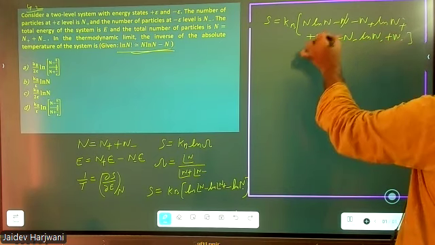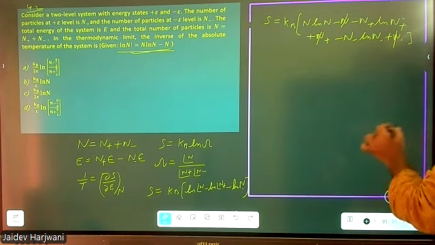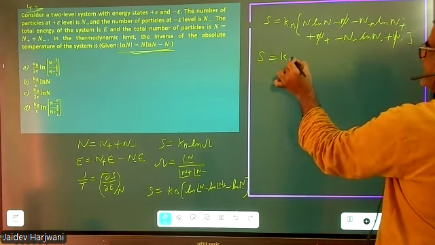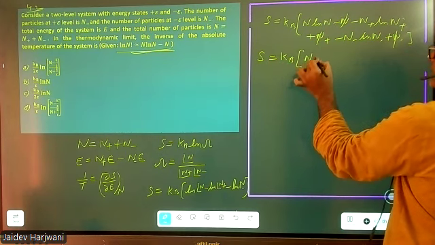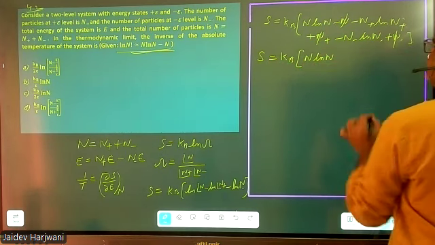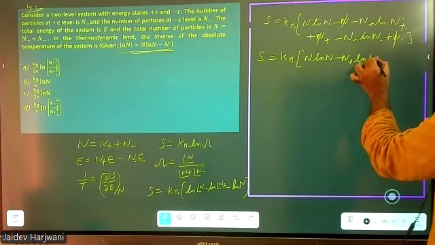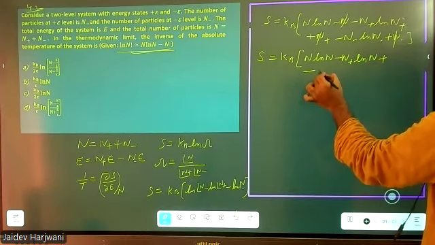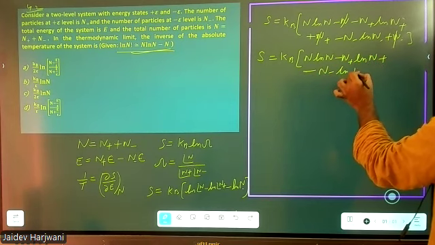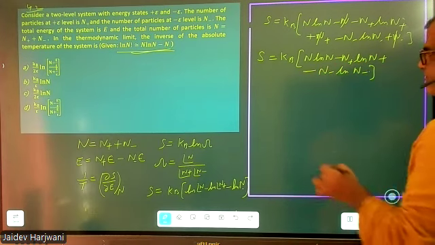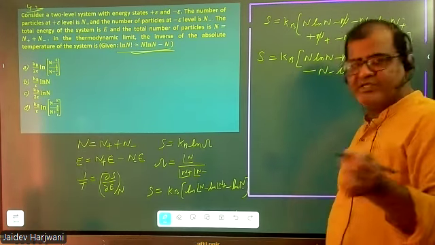Now this n will be cancelled out, so you have only s equal to kb n ln n minus n plus ln n plus minus n minus ln n minus. Okay, now differentiate to get the temperature.